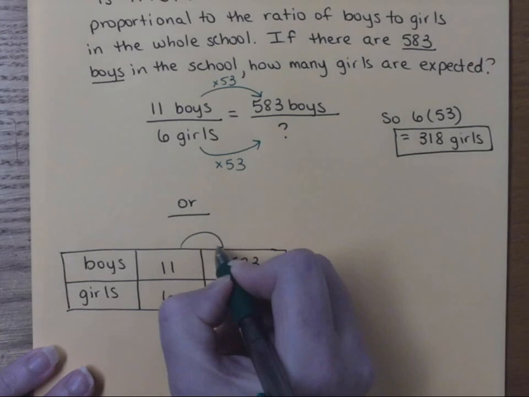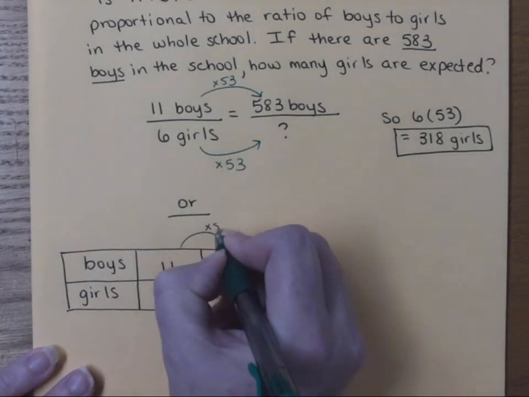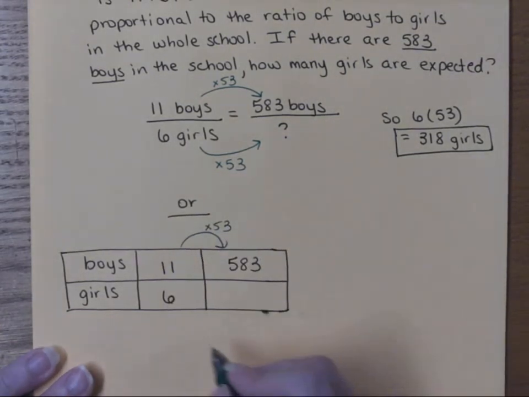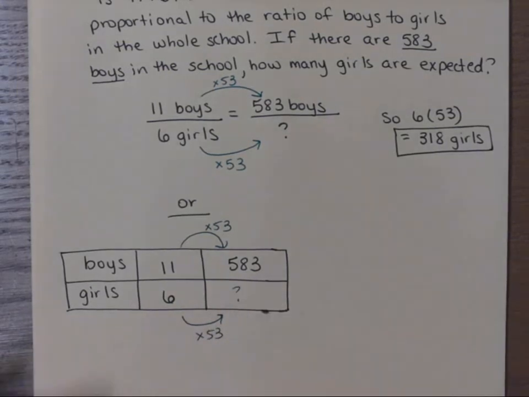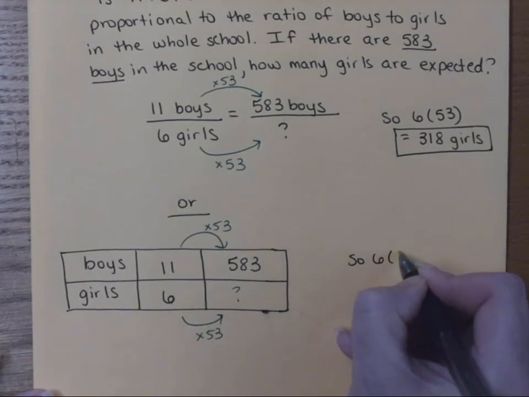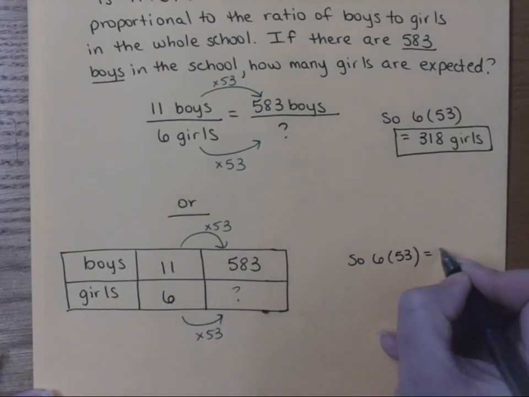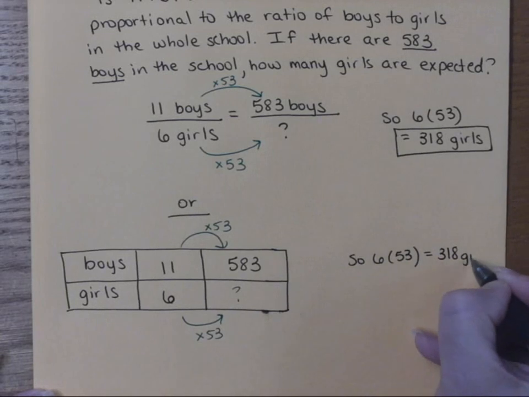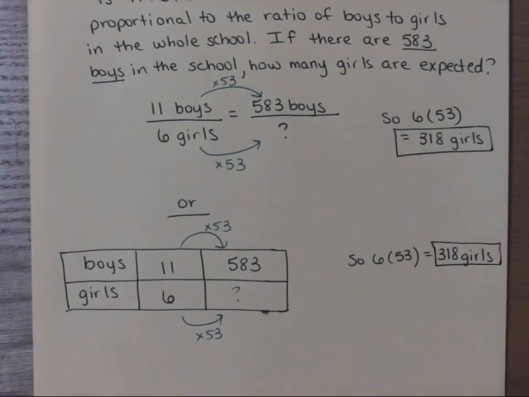So again, you would just be looking for what the pattern here is. If we multiply by 53 here, then we also need to multiply by 53 here. And notice in the end, you're doing the same calculation, right? So the table's not magical, it's just organizational. Some people that are more visual learners like a table. It looks neater, clearer, all that good stuff.